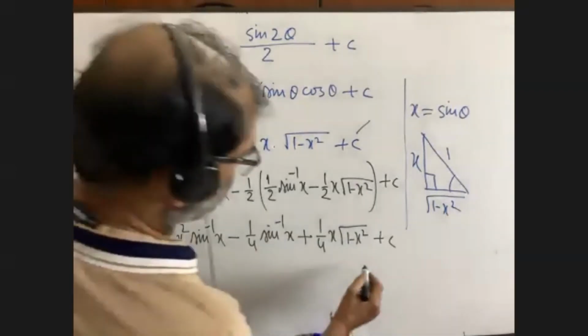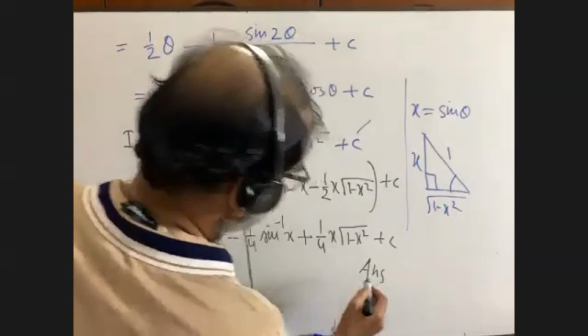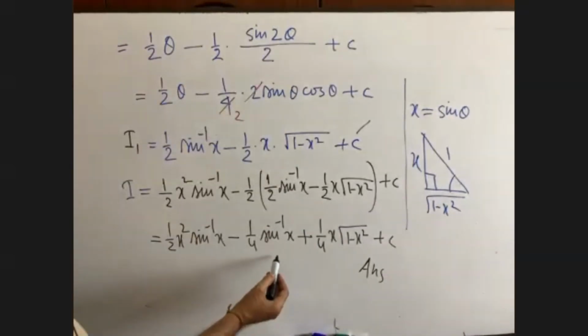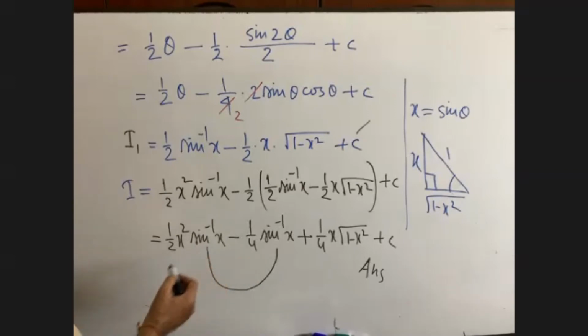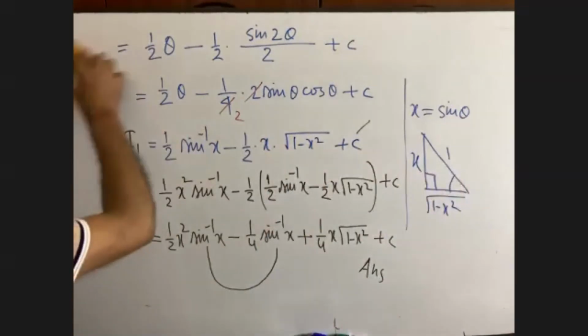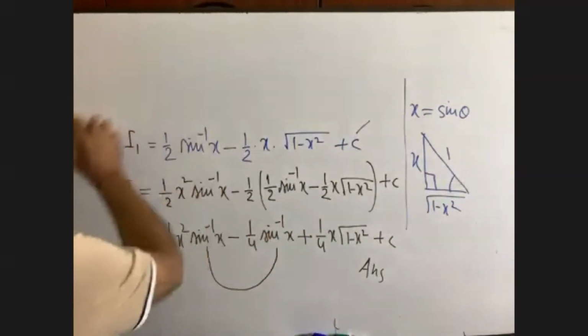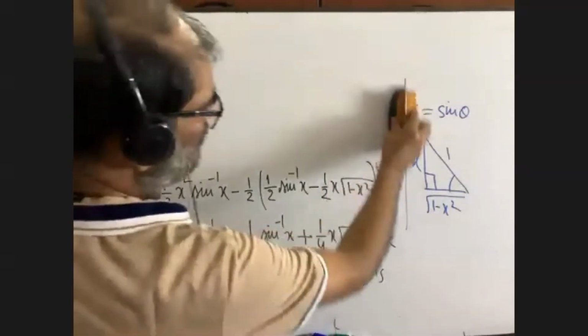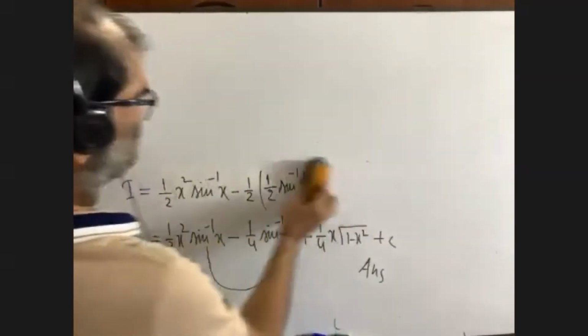In the answer they have taken just sine inverse x as common. No need to do it. It's okay. Not a matter. So actually we are about to finish this exercise.